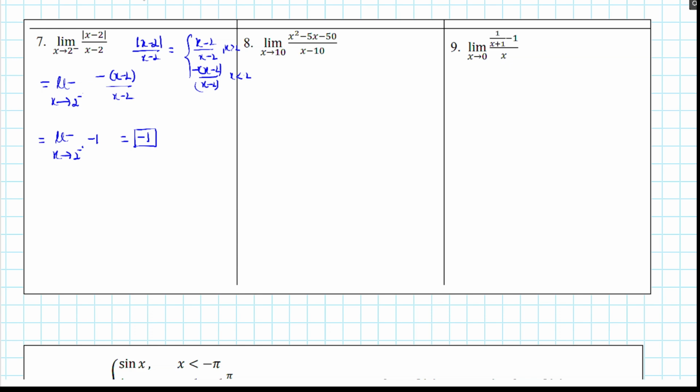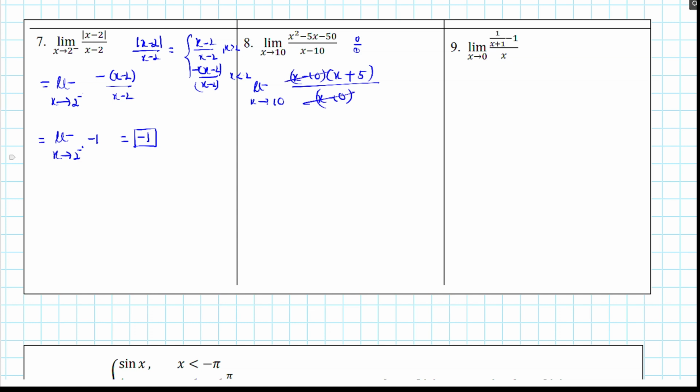And here we can use factorization. By direct substitution you will get the indeterminate form 0 over 0. So let's factor the numerator. The limit as x tends to 10 of x square minus 5x minus 50, that is x minus 10 times x plus 5, the factorization of the numerator, and the denominator we have x minus 10.